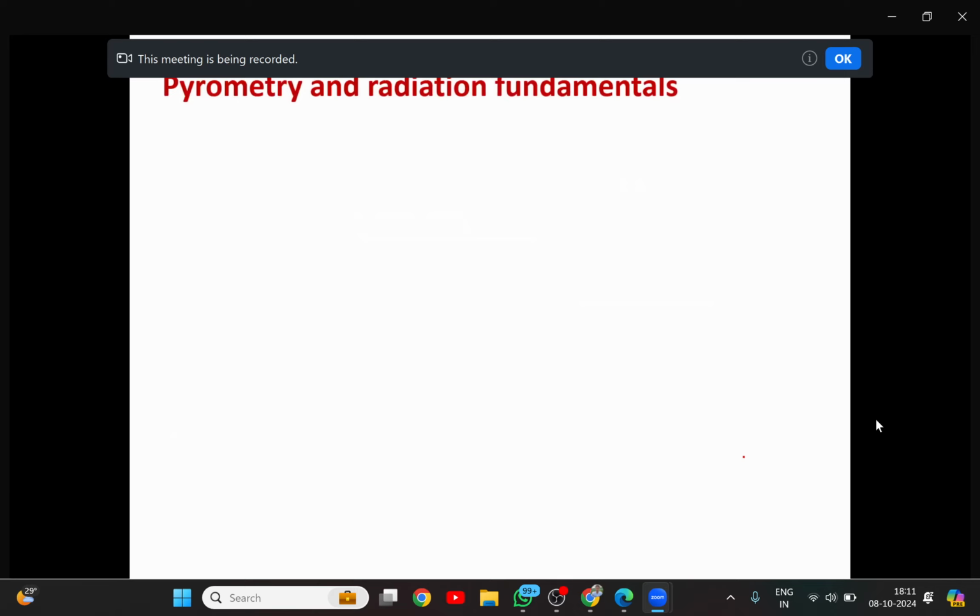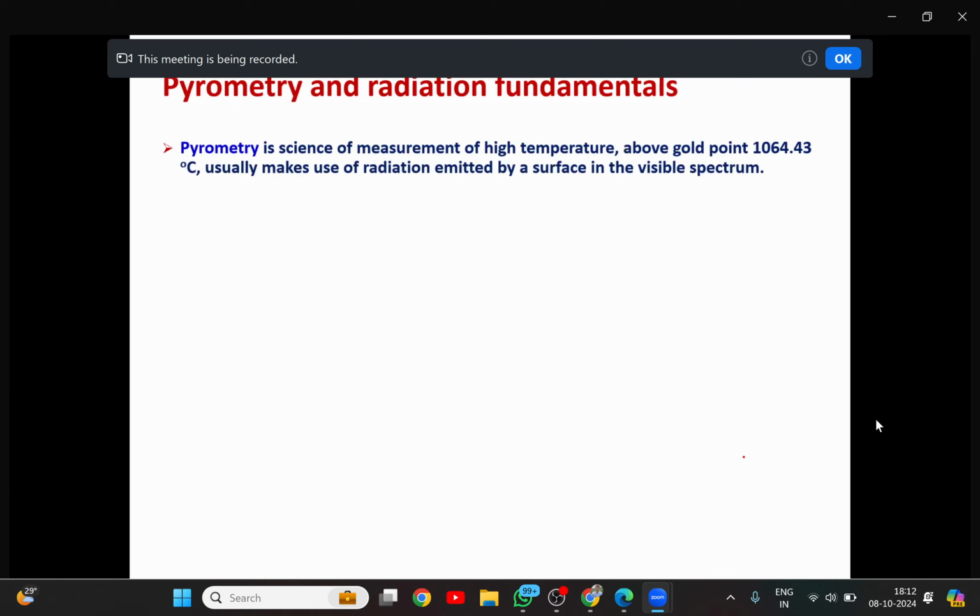Now I shift gear and talk about pyrometry. Pyrometry is basically the science of high temperature measurement. You are talking about measurement of temperatures that are relatively high. Now, the question is, how high?